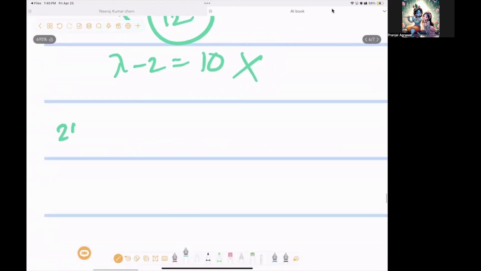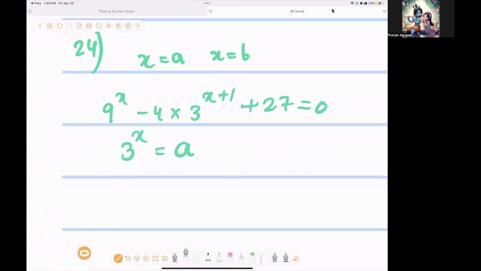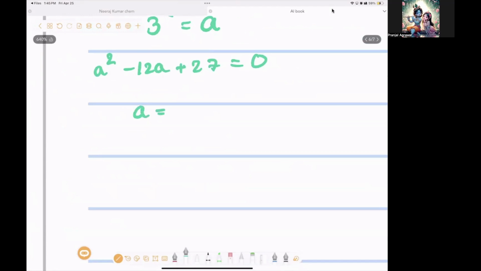Let's go to 24. x is equal to a, x is equal to b are two roots of the equation 9 to the power x minus 4 into 3 to the power x plus 1 plus 27 is equal to 0. In this question, put 3 to the power x is equal to A. So what will it be? A square minus 12A plus 27 is equal to 0. And then what will we get? A is equal to 9 and A is equal to 3.